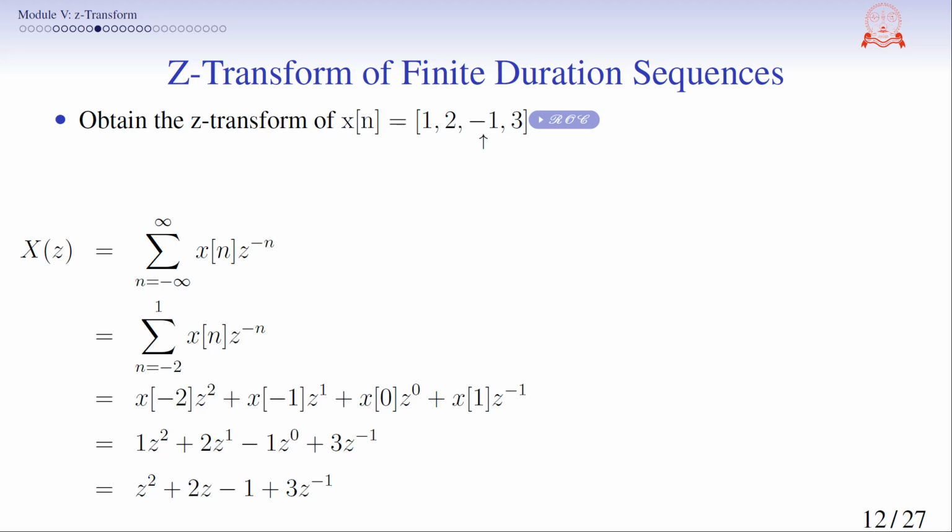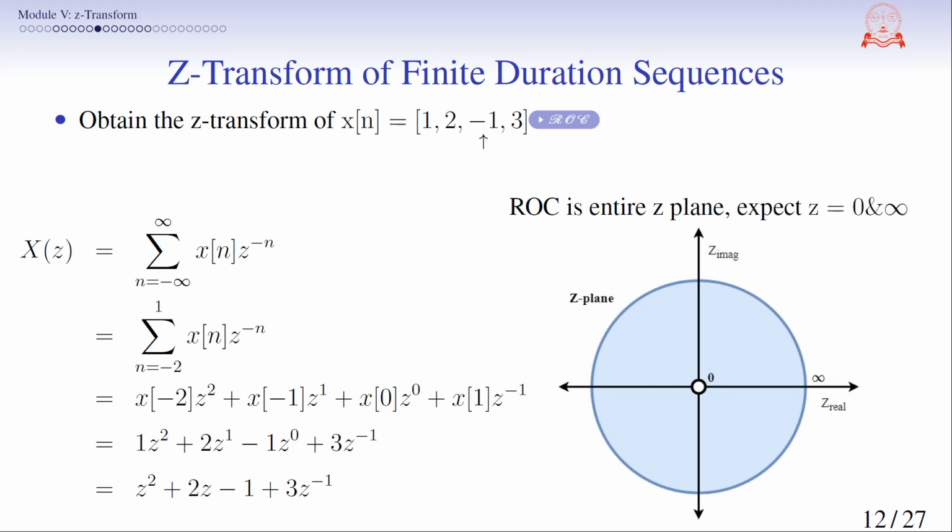Here X(z) will tend to infinity if z tends to infinity or z raised to minus 1 tends to infinity. So the ROC will be the entire z plane except z equal to 0 as well as z equal to infinity. So it does not contain the 0 value, and it also does not contain the infinite value.